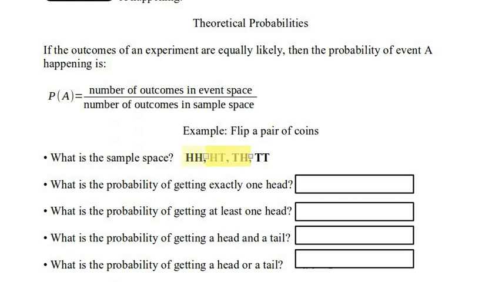What I'm doing right now is trying to convince you why there should be 4 events in the sample space. So I'm asking you in these first 2, HH and HT, to notice that once we've flipped the first coin and gotten an H, there's still 2 possibilities for the second coin, an H or a T.